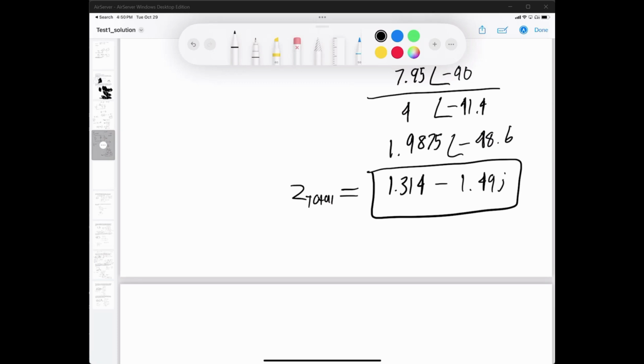So negative 1.49 divided by 1.314, inverse tangent of that should get us our angle. Oh, I did it up here. I didn't have to do all that. I didn't realize.